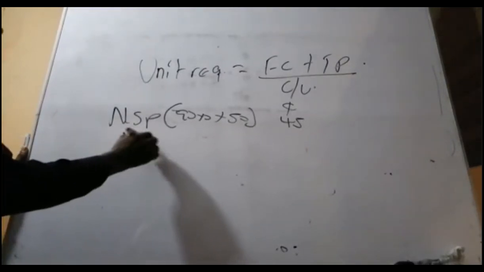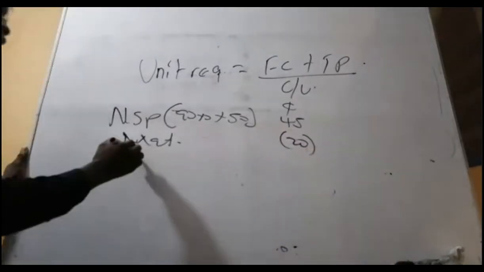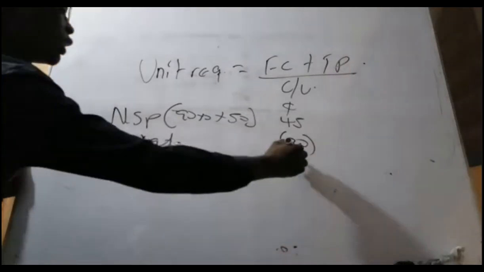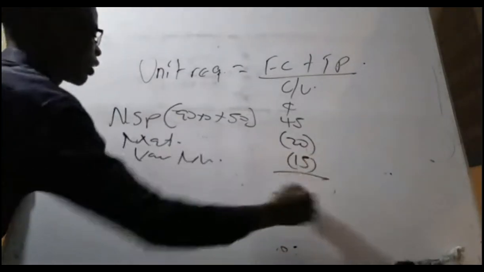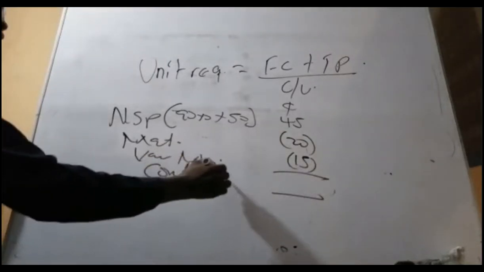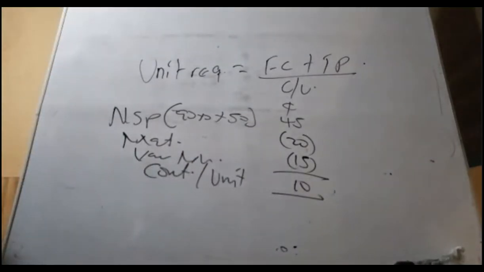Selling price 45, less material cost 20, then variable manufacturing cost 15. What is the contribution per unit? Contribution per unit is 10. Perfect.